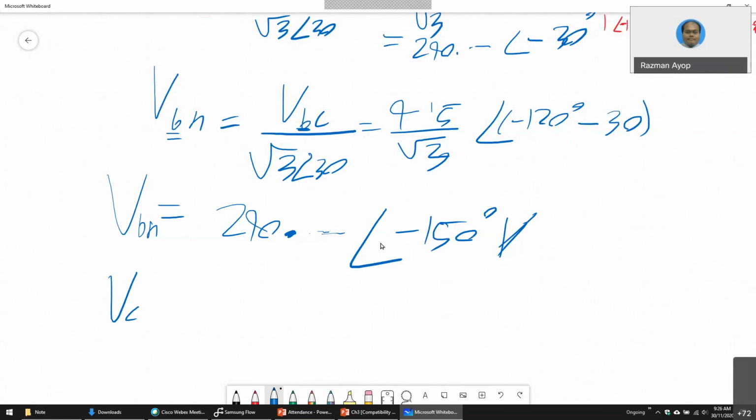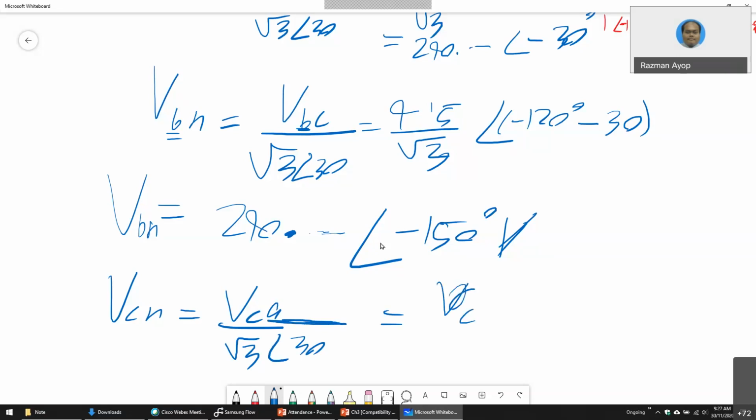And VCN equals VCA divided by square root 3, angle 30. So again, 415 divided by square root 3, angle negative 240 minus 30.